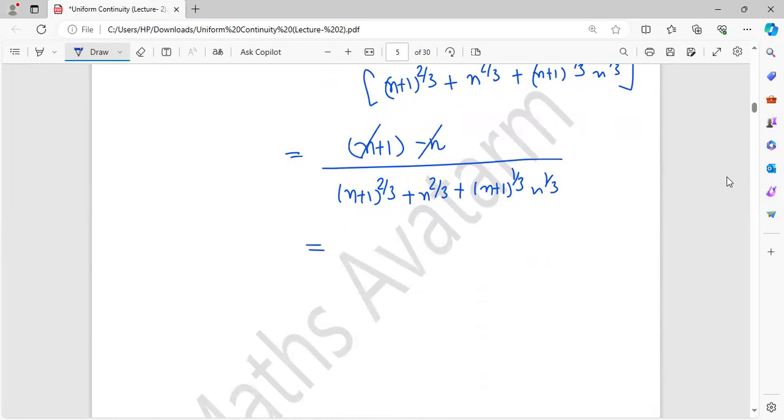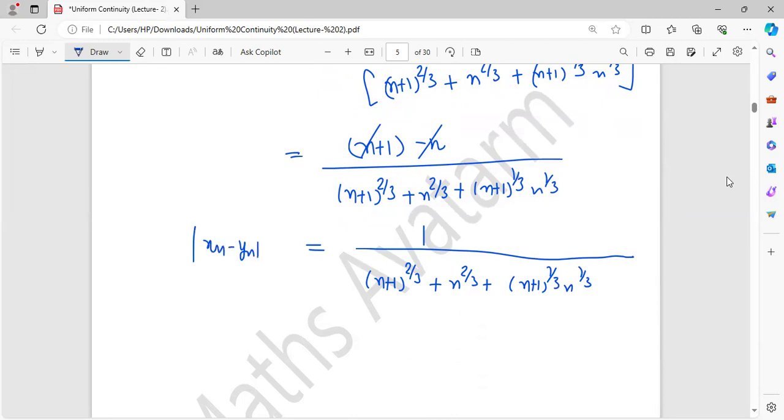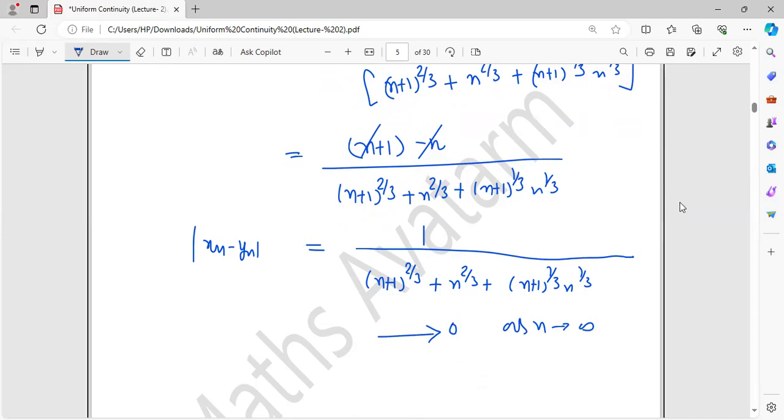So this is 1 upon (n plus 1) to the power 2 by 3 plus n to the power 2 by 3 plus (n plus 1) to the power 1 by 3 times n to the power 1 by 3. So this is xn minus yn. You see that in the denominator n terms are coming, so this also tends to 0 as n tends to infinity. Okay. Now see the image sequences, the difference of images.